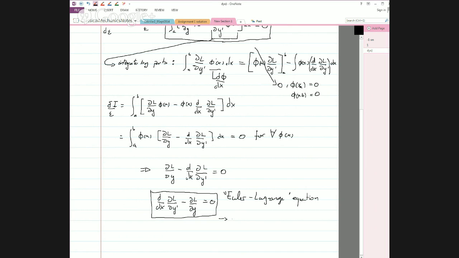This typically gives us an equation d squared y by dx squared equals something. So this will give us an ordinary differential equation for y of x, and of course, we know how to solve ordinary differential equations. This is a very important process, and it forms the basis for all of classical mechanics, this Euler-Lagrange equation. In fact, we'll see when we do mechanics that this is the equation of motion.